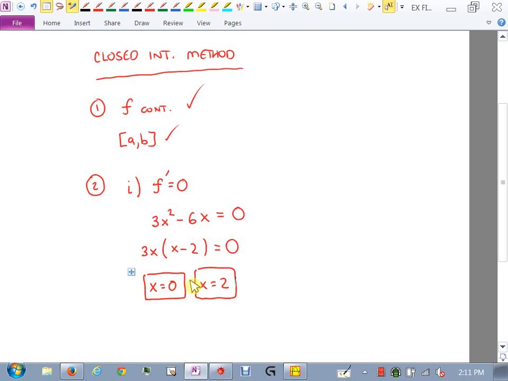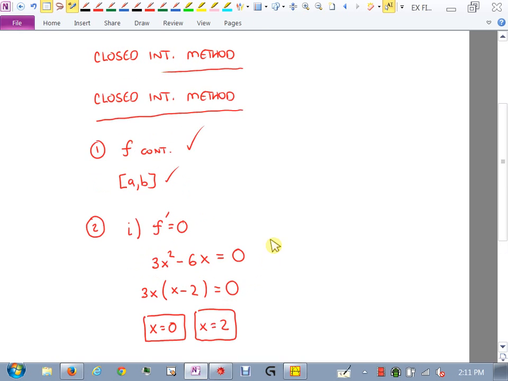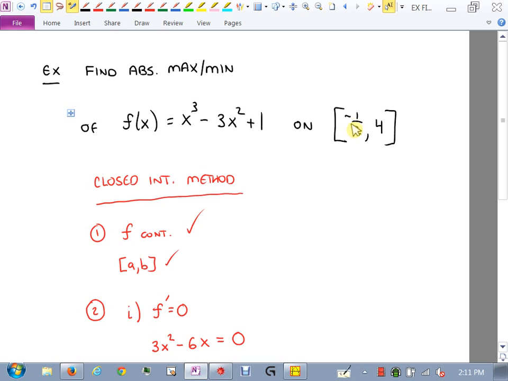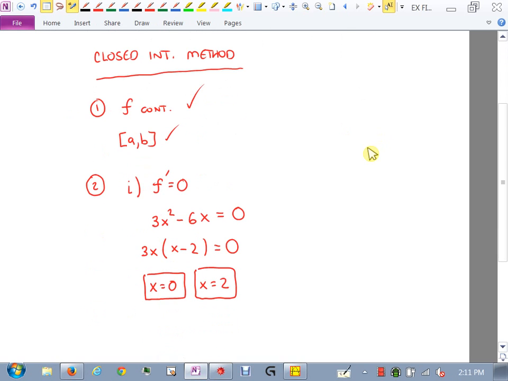You have to verify that these actually live in the interval that you're looking in. So let's go back up here. -1/2 to 4. You don't have to draw a number line, but if I were to do it, here's -1/2, here's 4. Does 0 live in this interval? Yes. Does 2 live in this interval? Yes, so I will consider them both.